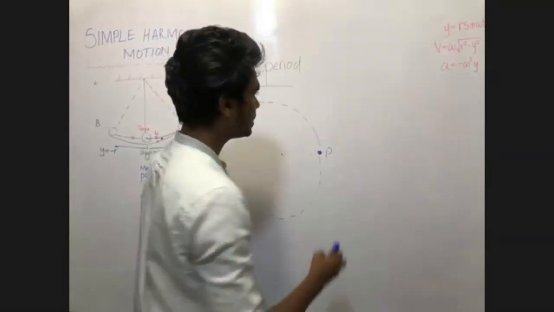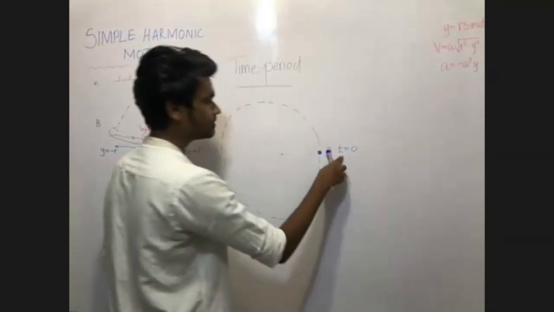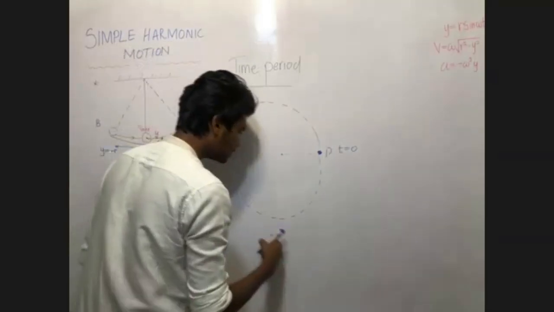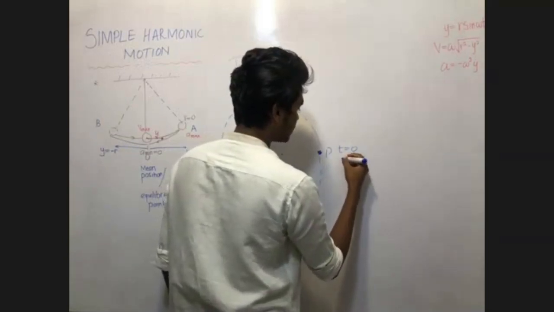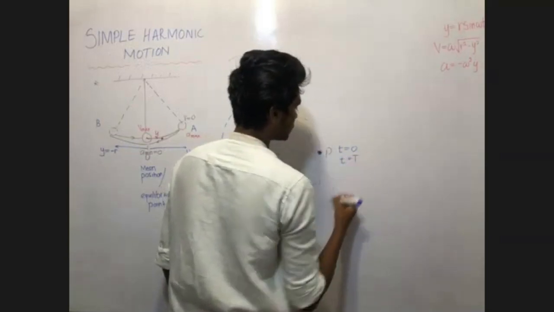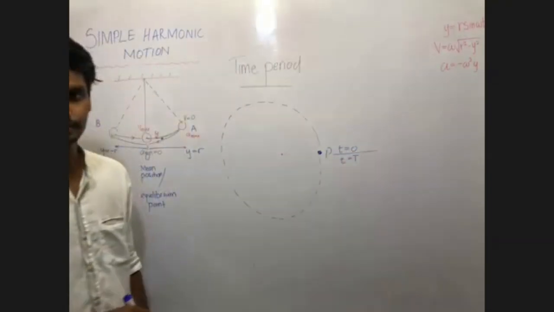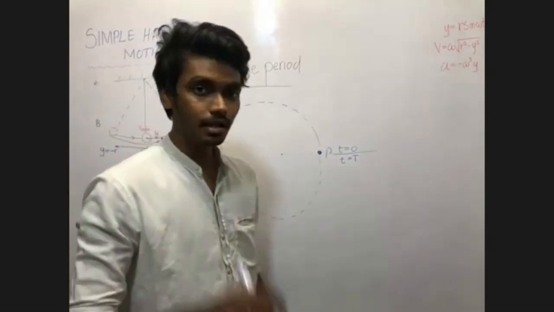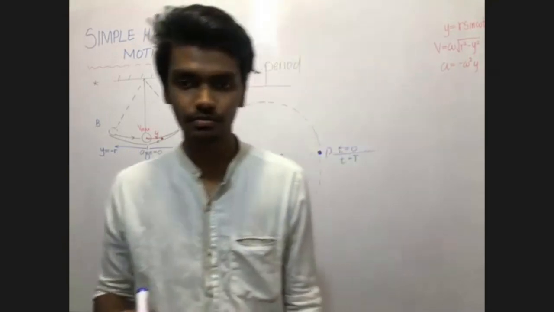If it starts at t equals 0, the time taken by the particle P to complete one revolution.